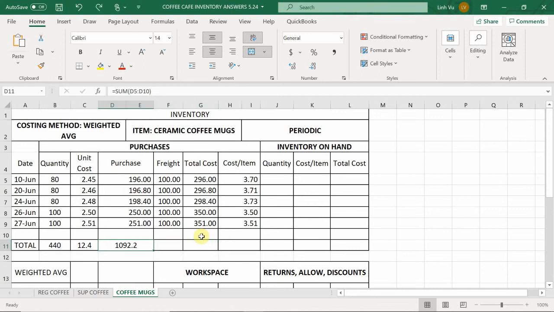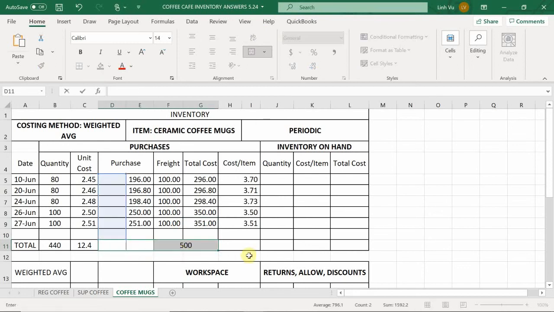Oops. Let me fix that real quick. I have to split this up. Okay. So then you said 500? Oh, what the heck is going on? Why is it splitting?